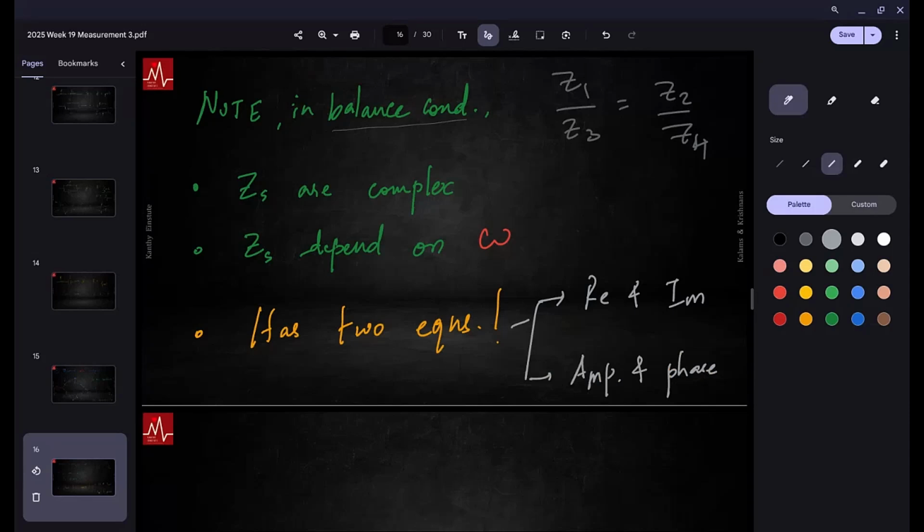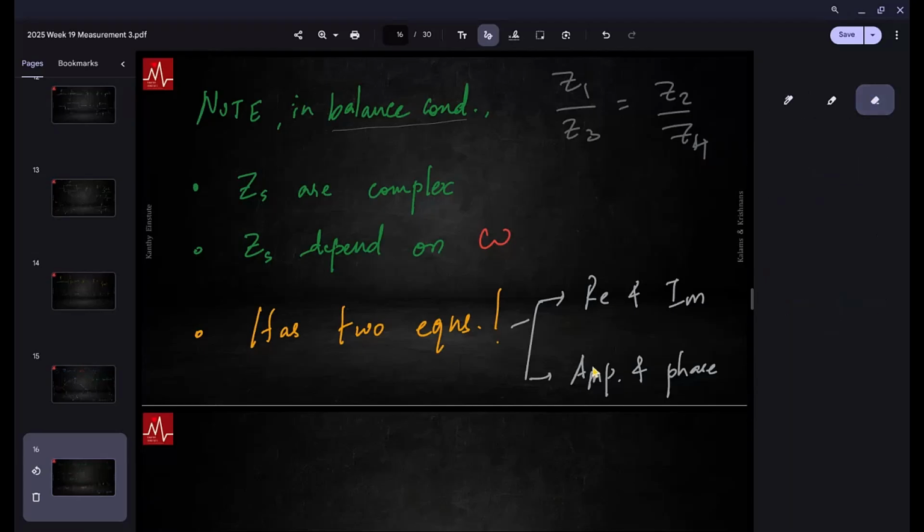The amplitude in the LHS should balance with the amplitude in the RHS. The phase in the LHS should match with the phase in the RHS. Or the real part in the LHS should be equal to the real part in the RHS. Imaginary part in the LHS should be equal to the imaginary part in the RHS.